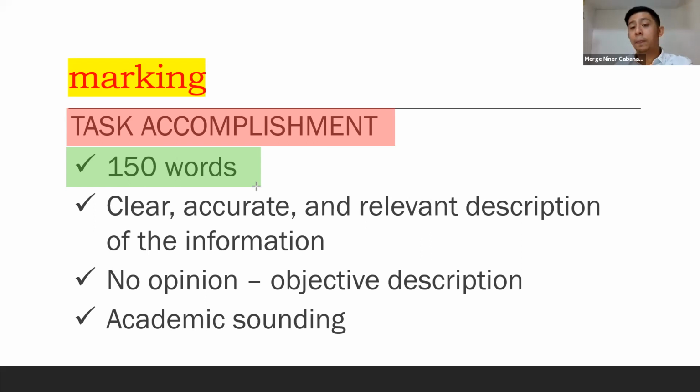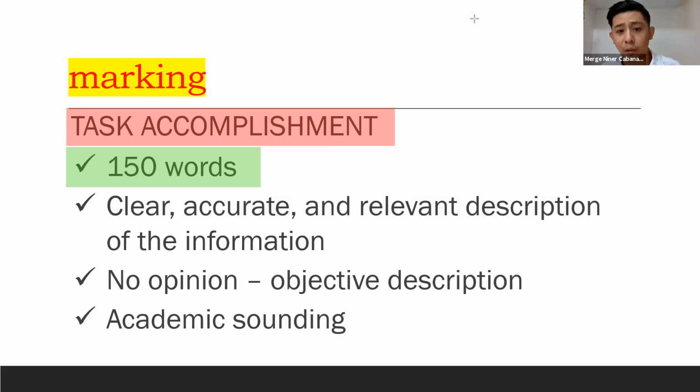Now, I will also share with you by the end of this lecture the official answer sheets that are used in the exam. Those answer sheets, you have the listening, you have the reading, you have the writing task 1, you have the writing task 2 answer sheets. Those answer sheets allow us to practice under the same conditions of the test.